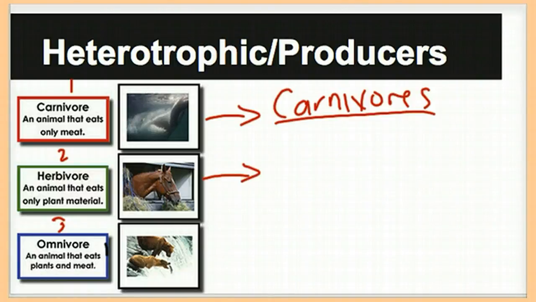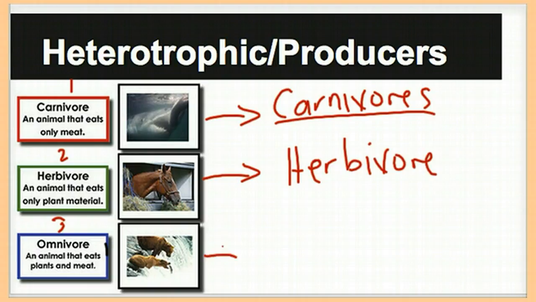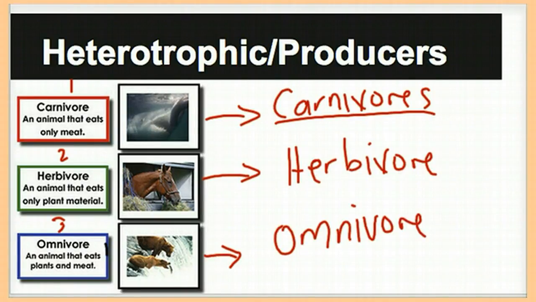Herbivores are organisms that eat only plant materials. Herbivore, H-E-R-B-I-V-O-R-E. And finally, another class we can put heterotrophic organisms into is omnivore, O-M-N-I-V-O-R-E.